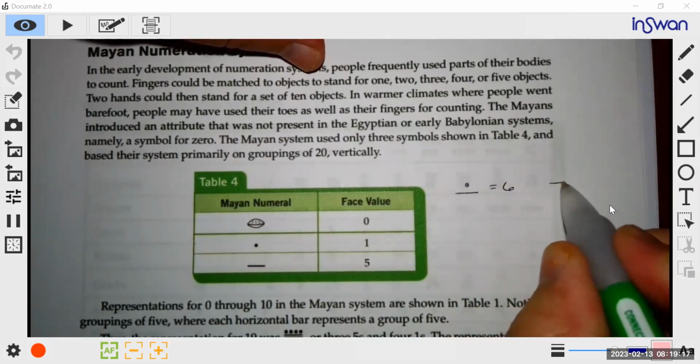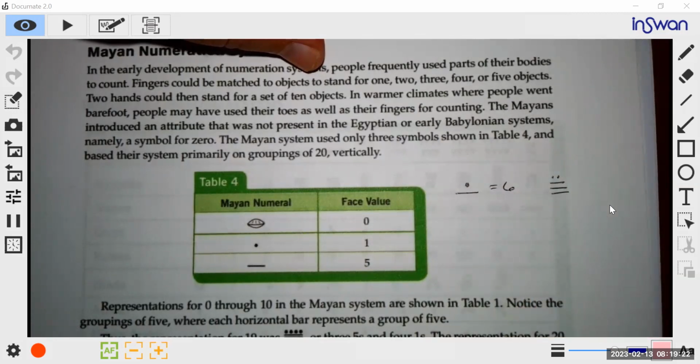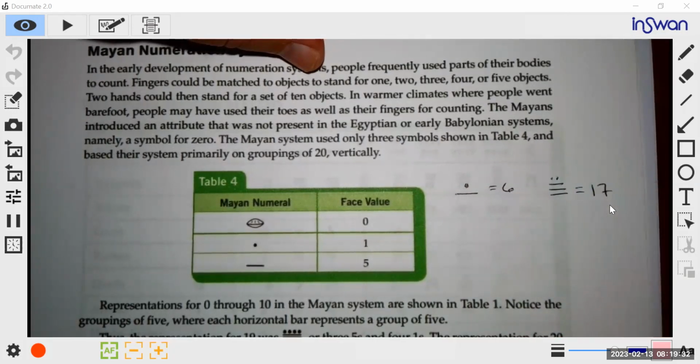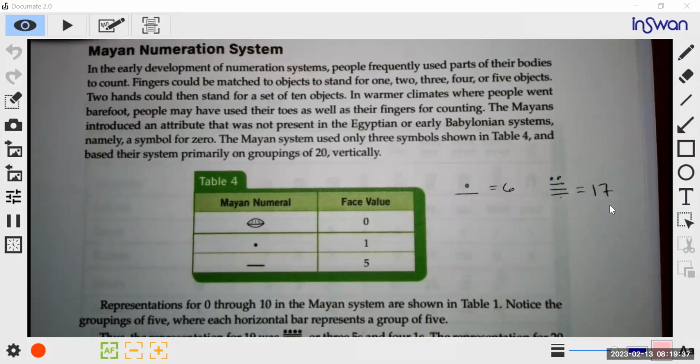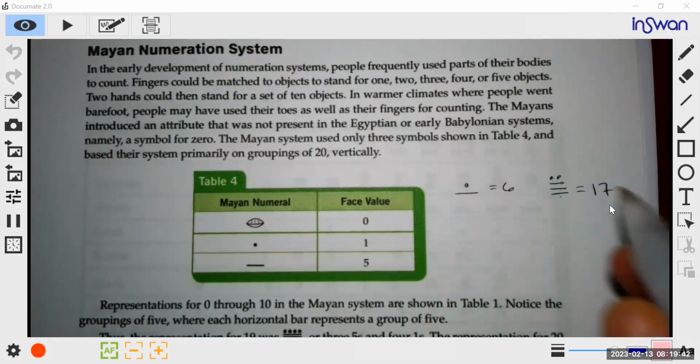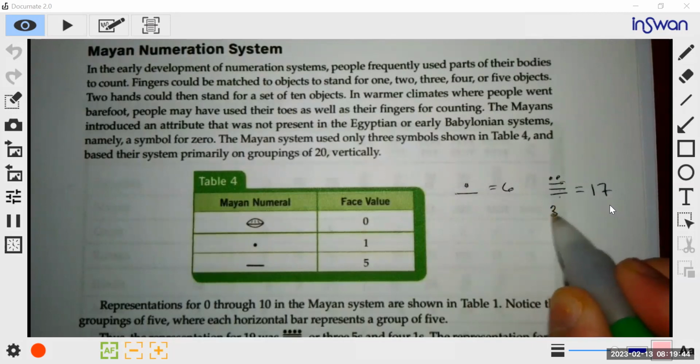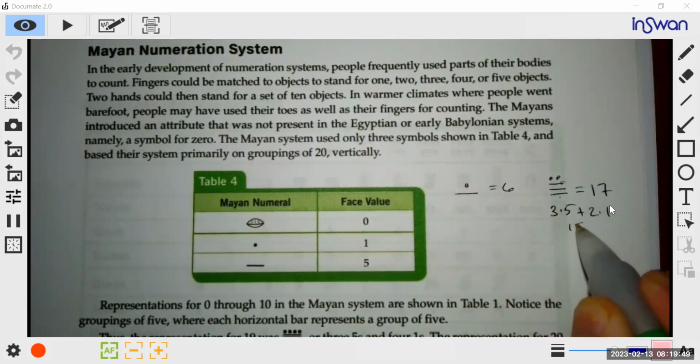How about 17? 5, 10, 15, 16, 17. Because we have 3 times 5s, 2 times 1. 15 plus 2 is 17.